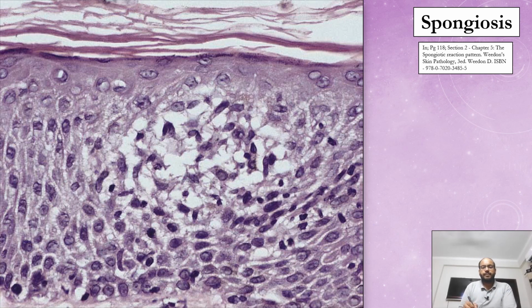The next pattern is spongiosis. Can you see this empty space here? Let me see if I can use another pen. Look at this area here. Can you see this empty space? This is a vacuole, and it is seen in the spongiotic tissue reaction pattern.